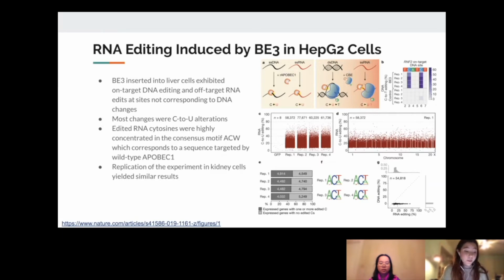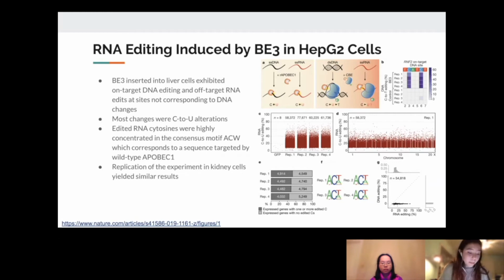had either BE3 or a negative control fusion. This negative control has all of the same parts as BE3, but it doesn't contain our ApoB-C1. So the purpose of trying to figure this out is seeing if the R-ApoB-C1 has any effect on whether or not there are unintended changes to the RNA produced.